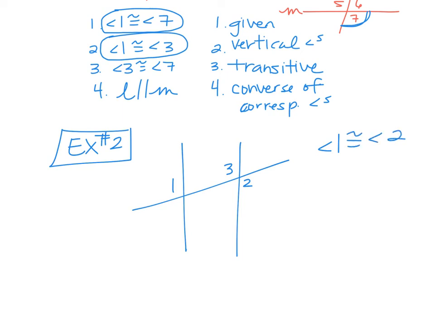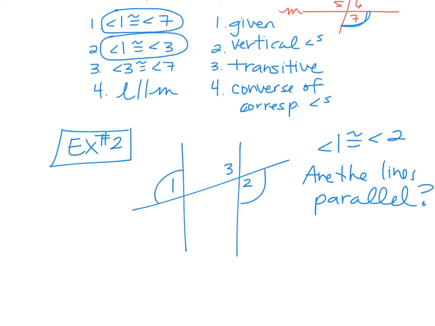The question is, are the lines parallel? Okay, can we prove the lines are parallel? So we're not going to write out a full proof right now, although that's essentially what you're thinking through is, can you prove the lines are parallel? So if I know 1 is congruent to 2, are those lines parallel?